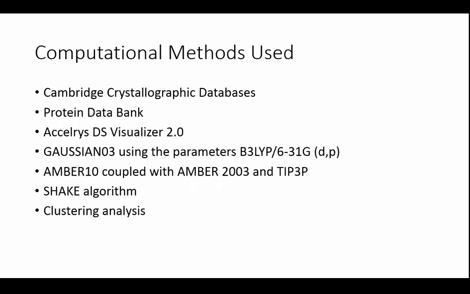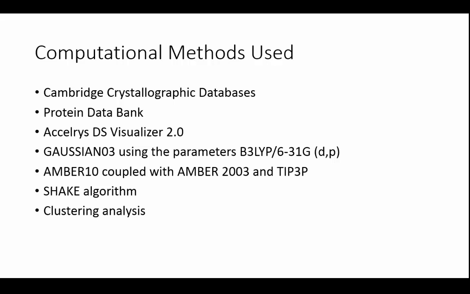The computational methods that were used are as follows: the Cambridge crystallographic databases were used to find the initial geometries of all cyclodextrin compounds. The protein data bank was used to find the molecular geometries of the drug molecules. Accelrys DS Visualizer 2.0 was used to add the relevant hydrogen atoms to the molecules.